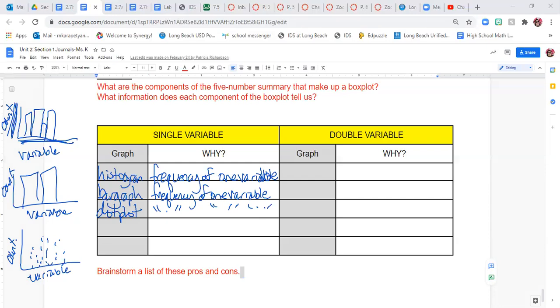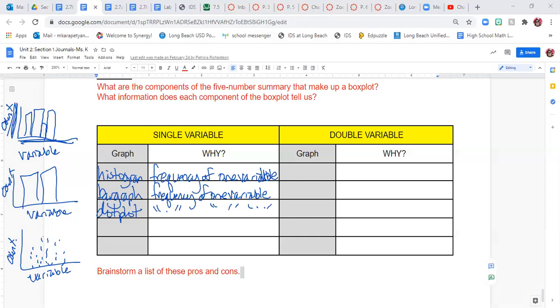I know you were there a second ago. Aha. Okay, so Evelyn is saying a scatter plot goes in single variable.